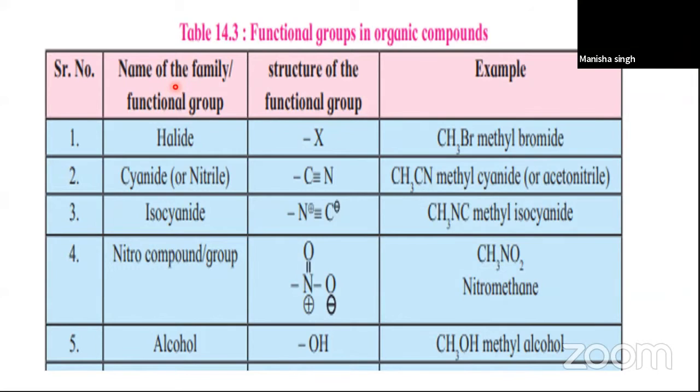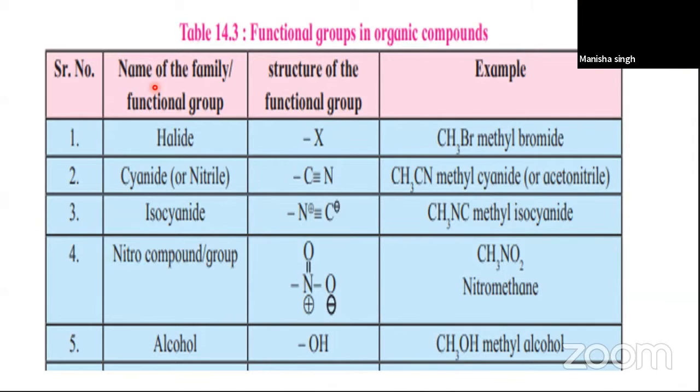So functional groups are very important parts of organic compounds, and all organic compounds have some functional group. On the basis of that, their classification is done. The compounds that have the same functional group are kept in one group, and a name is given to that particular group.